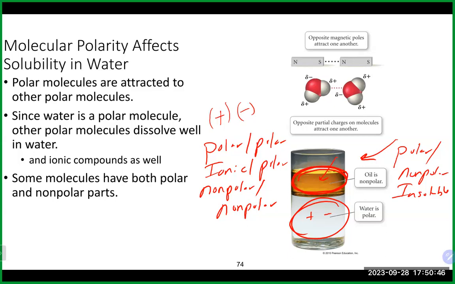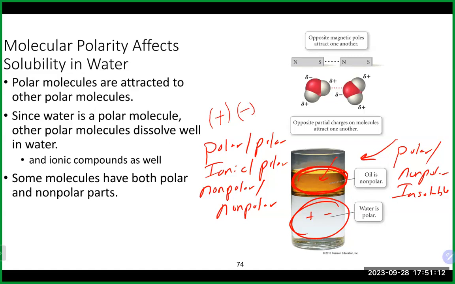They will mix a little bit, but for a short period of time, they cannot maintain that interaction. The only way something like oil can interact with water is it has to temporarily become charged. So it has to temporarily pick up a positive and negative charge. For a short period of time it could do that, but it's going to lose that charge and gain it and lose it.